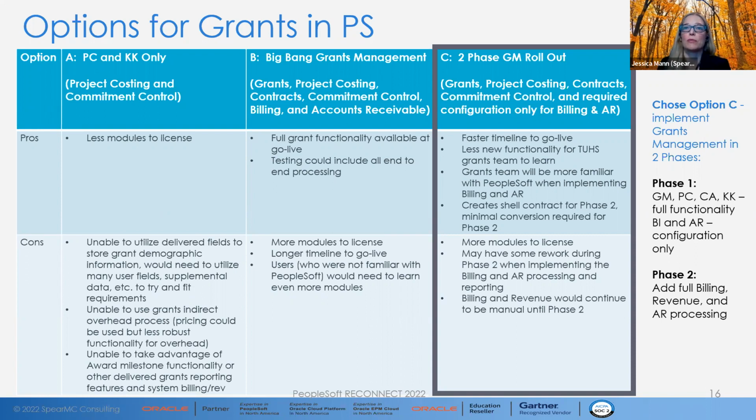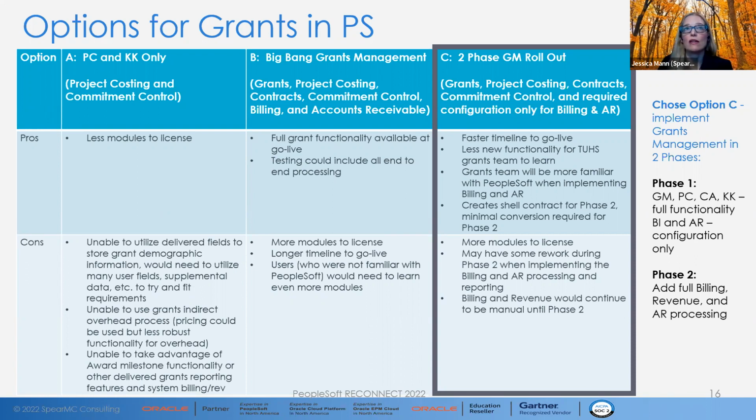So for their first implementation, we are using the full functionality of grants, project costing, contracts, and commitment control, and we have the baseline configuration in for billing and AR, but we are not using the full billing, revenue, and AR processing.